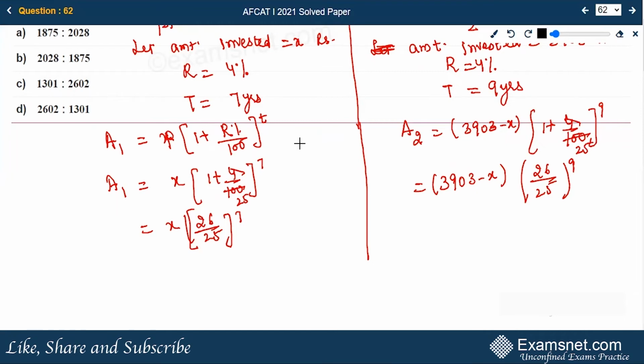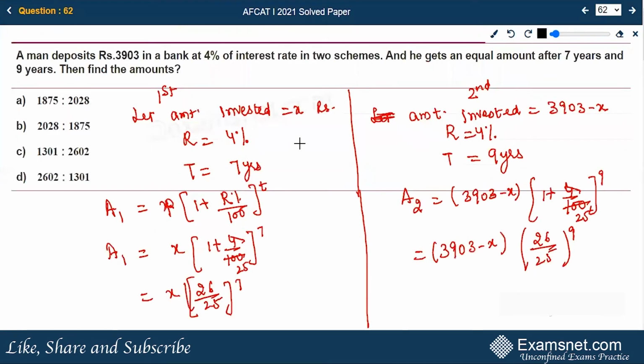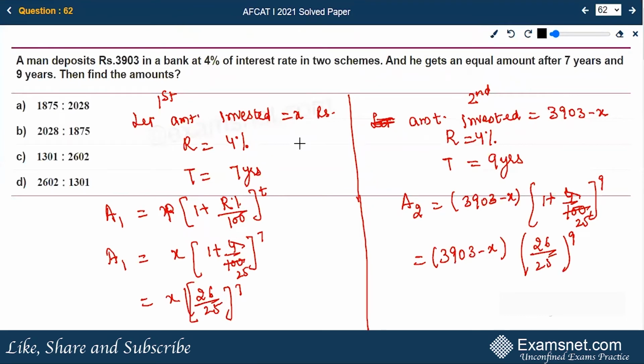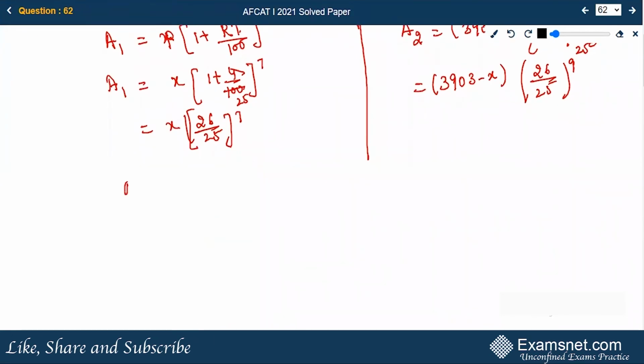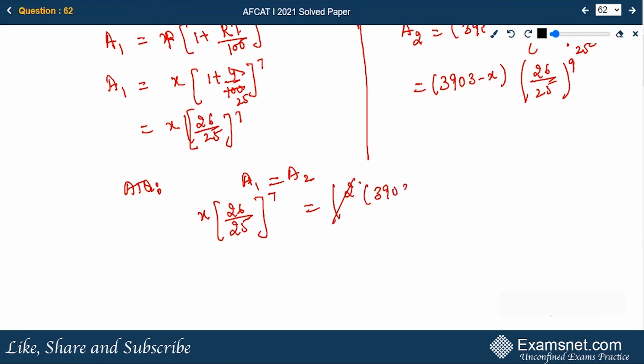he says then what according to the question is, he gets equal amount. When he gets the equal amount, therefore, according to the question, A1 is equal to A2, which gives x into 26 upon 25 raised to power 7 is equal to 3903 minus x into 26 upon 25 raised to power 9.